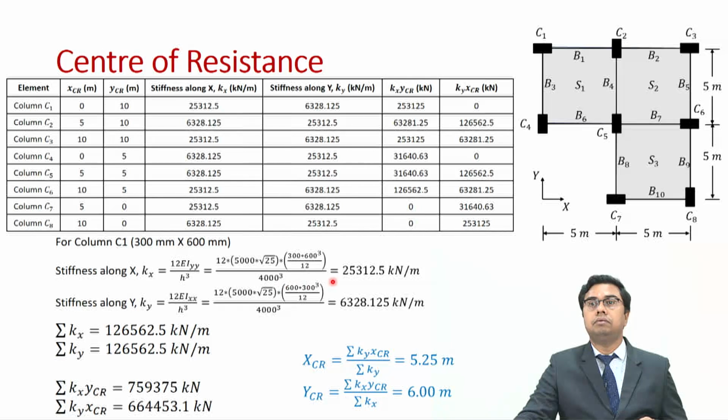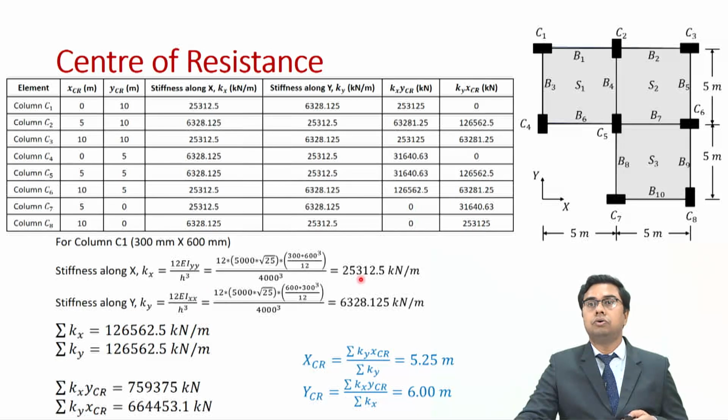So, that's how we have substituted these terms to find the stiffness of column C1 along x direction as 25,312.5 kilonewton per meter. When you are finding the stiffness along y, then you need to use the second moment of area calculated about x axis.